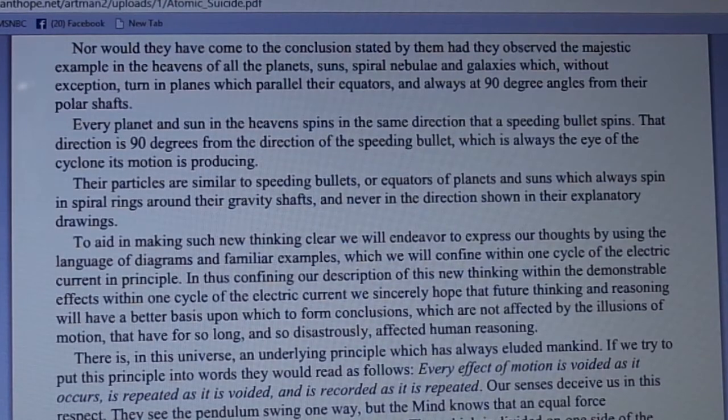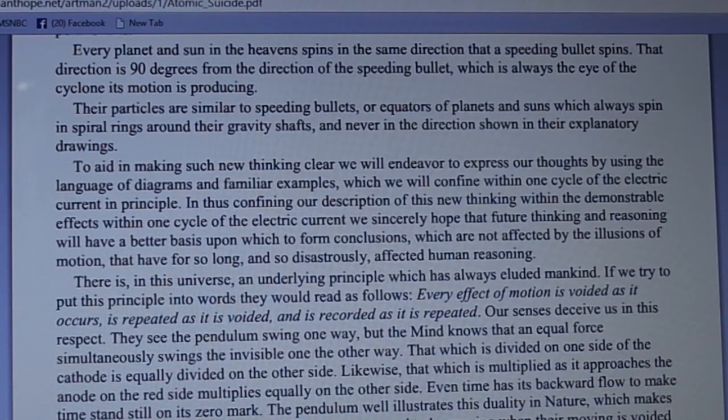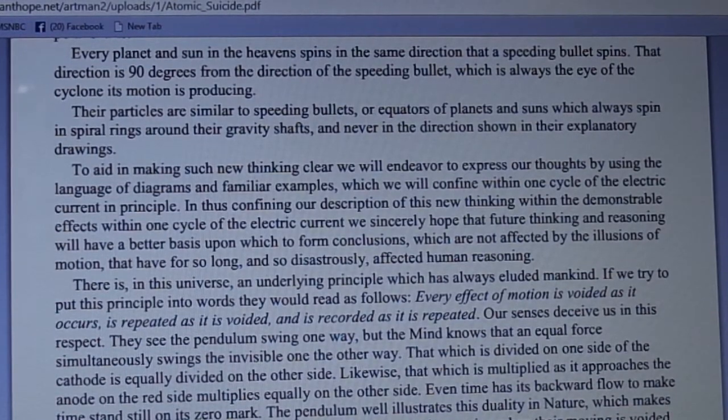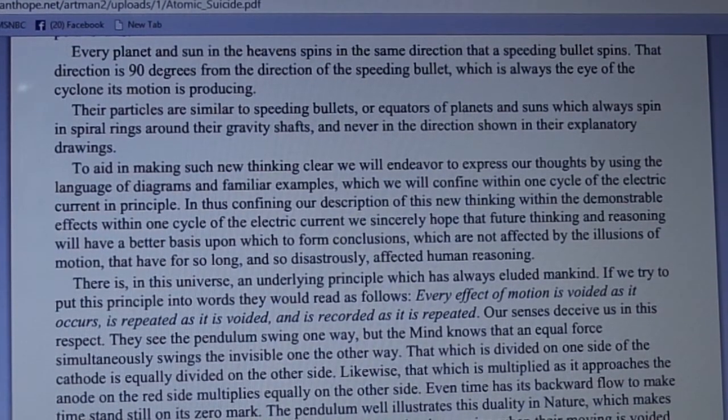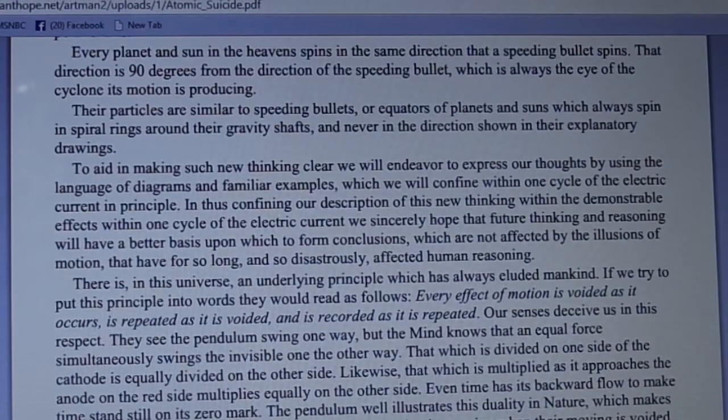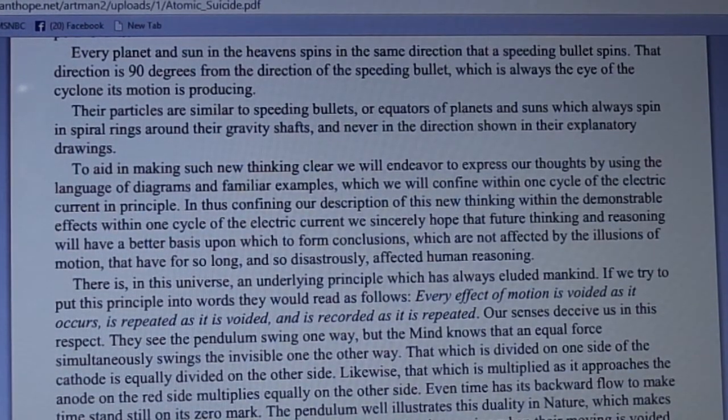There is, in this universe, an underlying principle which has always eluded mankind. If we try to put this principle into words, they would read as follows. Every effect of motion is voided as it occurs, is repeated as it is voided, and is recorded as it is repeated. Our senses deceive us in this respect.